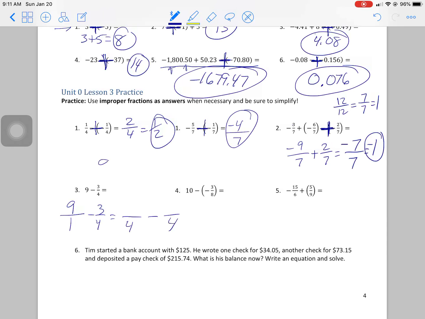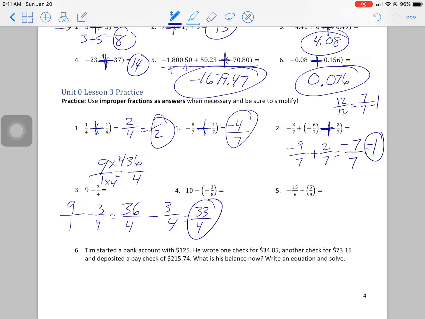So what is 9 in terms of something over 4? Well, the 1 times the 4 is 4. 9 times 4 is 36. So 36 over the 4 is the same as a whole number 9. Okay? That was a 3. So now I can subtract them and get my answer for that.